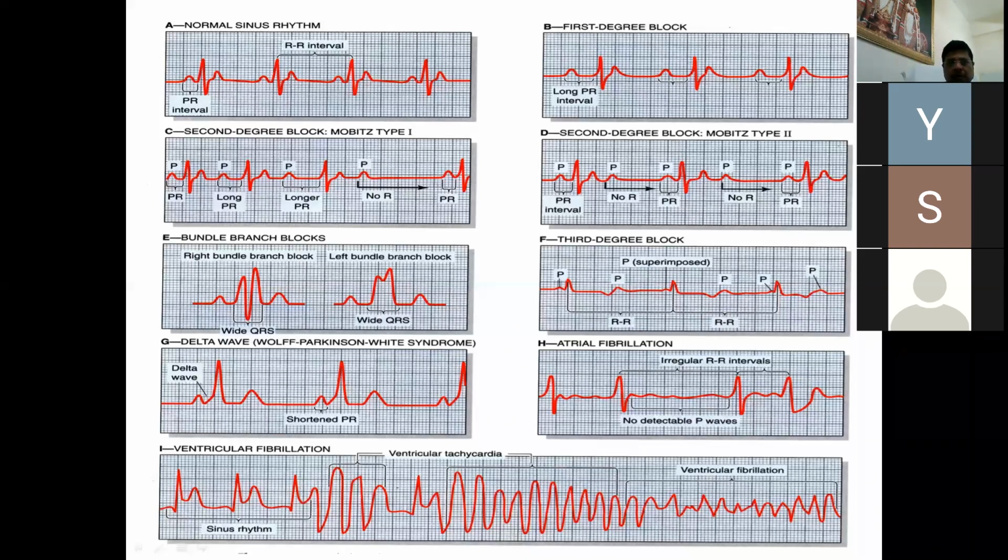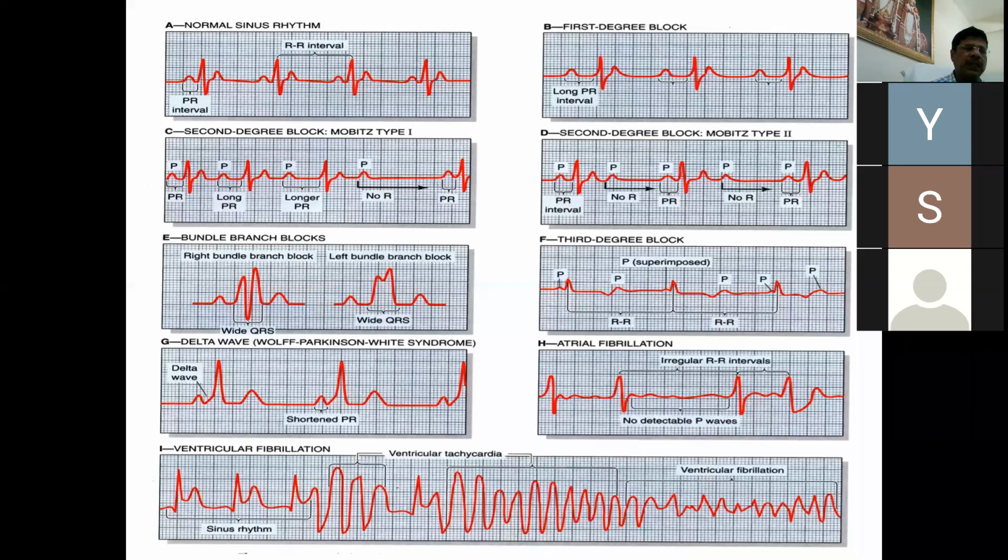So what is happening in first degree heart block? The PR interval is prolonged. All the impulses from the atria are being conducted to the ventricles, but the only problem here is the PR interval is more than 0.20 seconds. And what is the PR interval? It is the time interval from the beginning of the P wave to the beginning of the QRS complex.